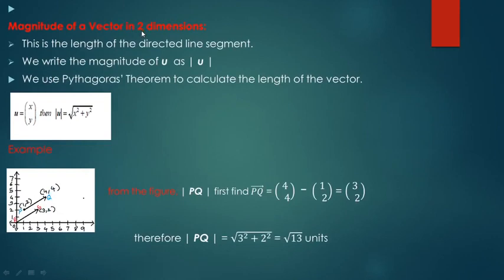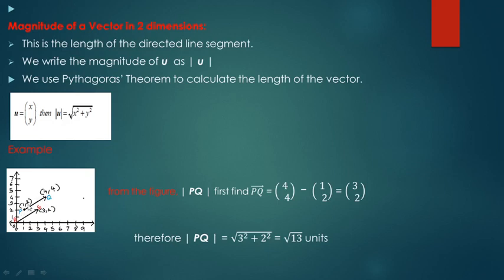Magnitude of a vector in two dimensions. When we talk about magnitude, it is the length of a directed line segment, meaning a line with direction. We discussed it, and now we are going to show how to do it.